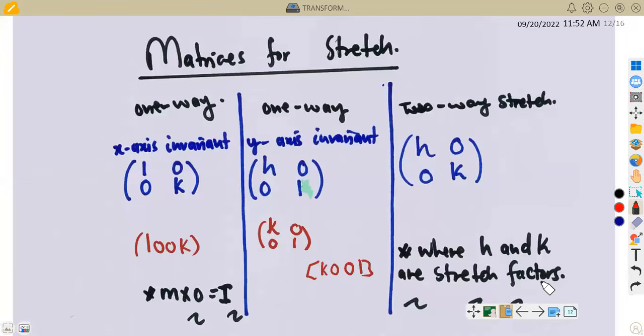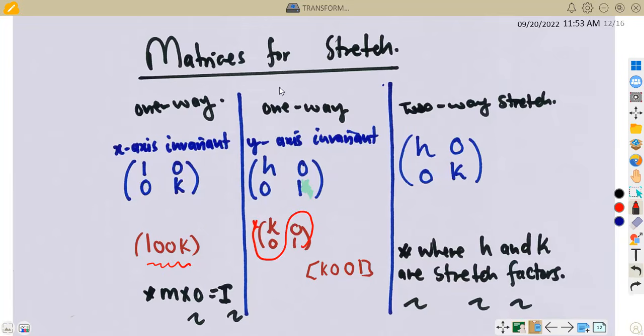All right, then the matrices for stretch. We have one-way stretch with the x-axis invariant. You can just use this mnemonic, looking this way: 1 0 0 k. That is x-axis invariant. Y-axis invariant is the same thing, look from this way again, but this time we use h because they are not the same.